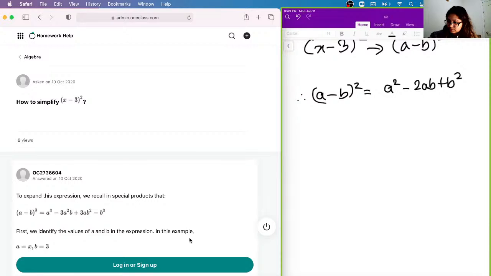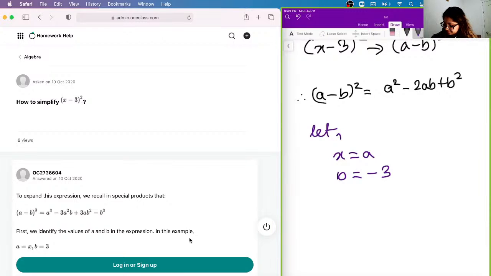We can basically say let x equal a and b is equal to negative 3.